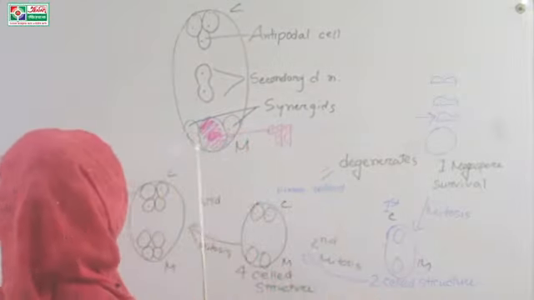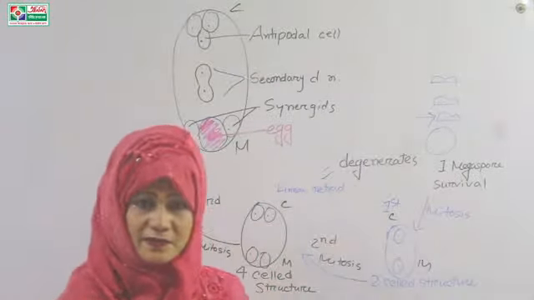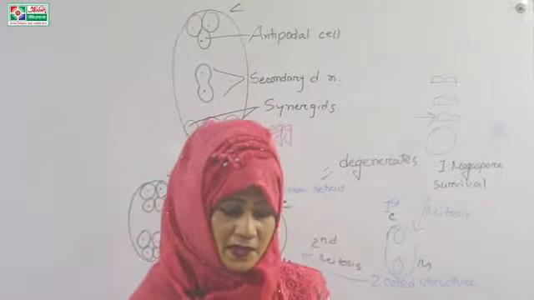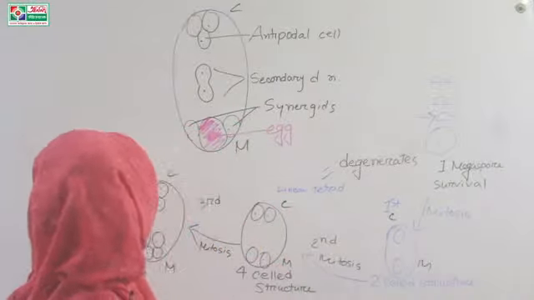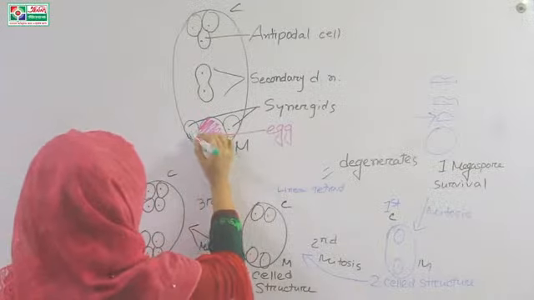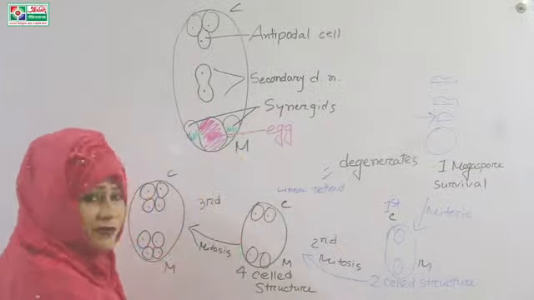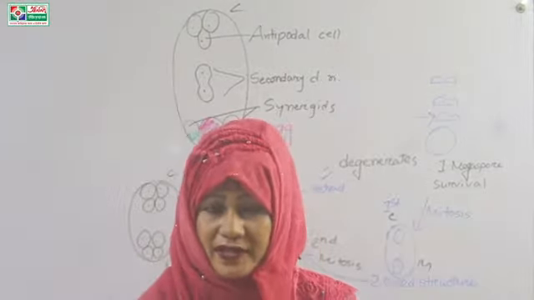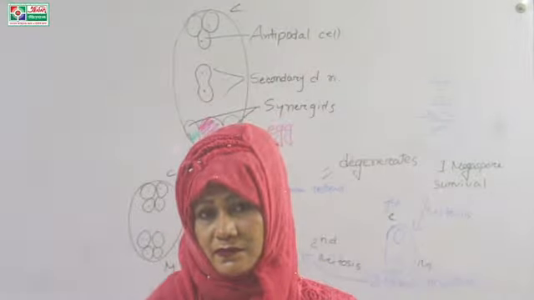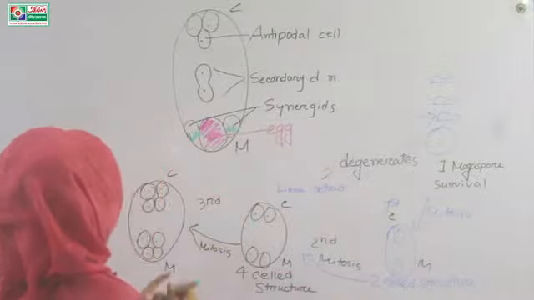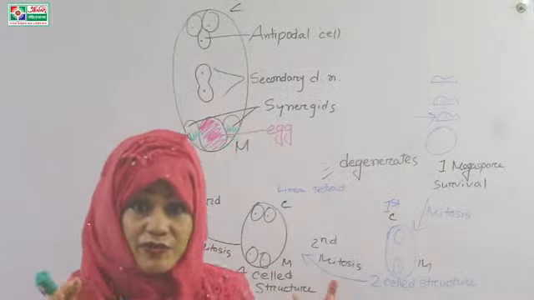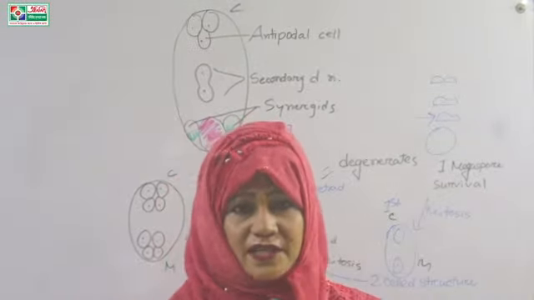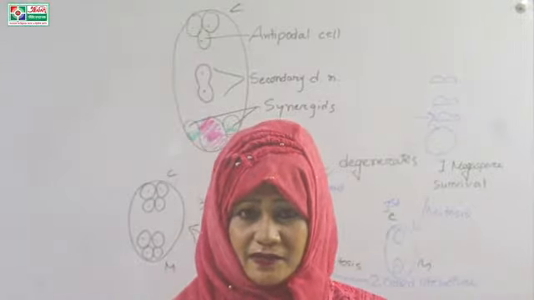And what are the functions of the synergids? In the synergids, there are some filiform or finger-like structures. These are known as the filiform apparatus. This filiform apparatus attracts the pollen tube for fertilization. Got it?